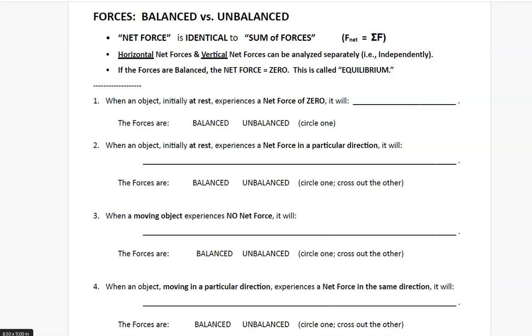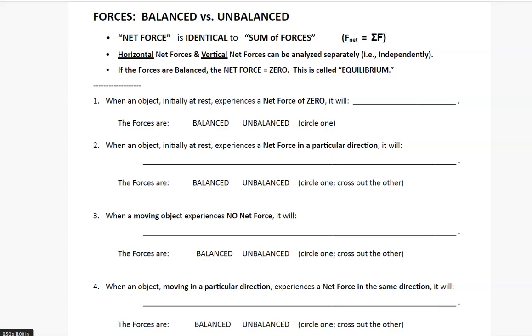And if you have a net force that's not zero, you also have an acceleration of that object that those forces are on that is not zero. In other words, if you have forces that are not balanced, the object will have a net force on it and the object will accelerate. Okay. So horizontal net forces and vertical net forces are typically analyzed separately, that is, independently.